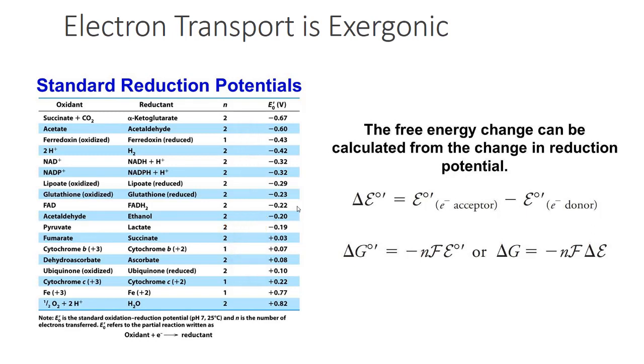We can calculate the energy released in a redox reaction by using the half reaction potentials and the Nernst equation for delta G. To determine the change in the reaction potential, you subtract the reaction potential for your electron donor, or the molecule that is being oxidized, from the reaction potential of the electron acceptor, or the molecule that is being reduced.